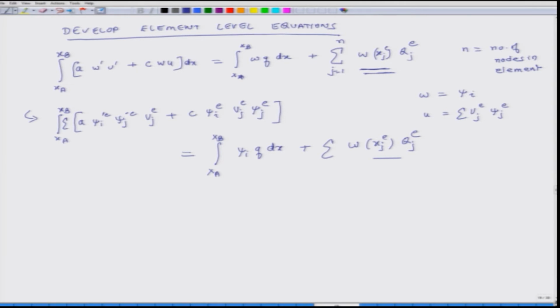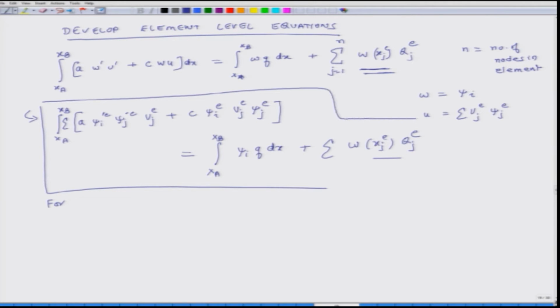Okay. What we see is that this whole system on the left side is a bilinear symmetric functional. And this entire expression is at the element level, that is the first thing. Which element level?